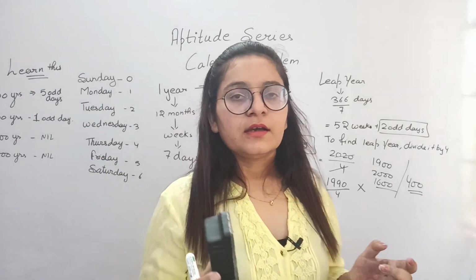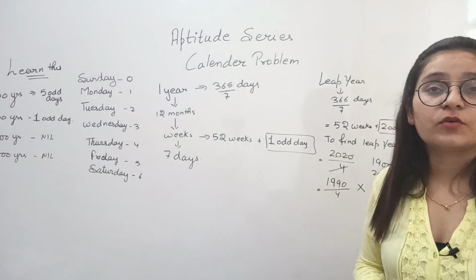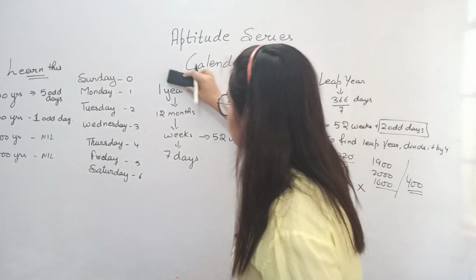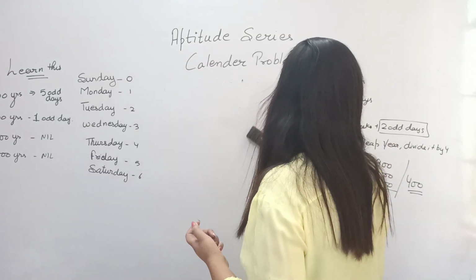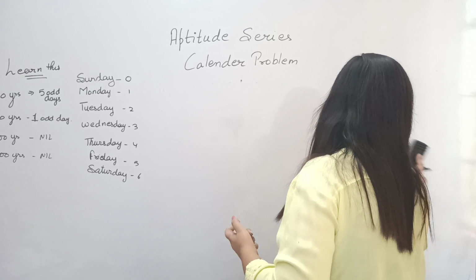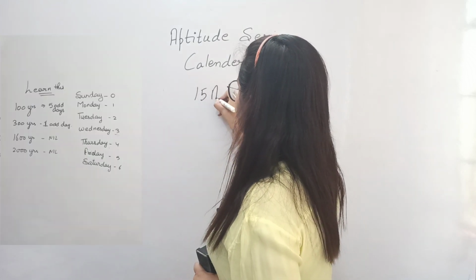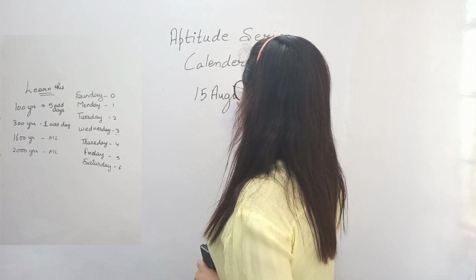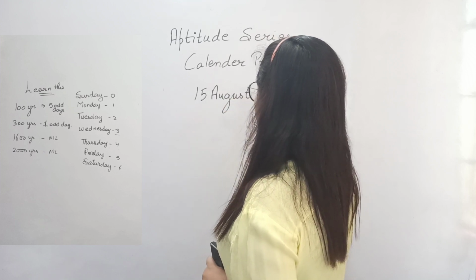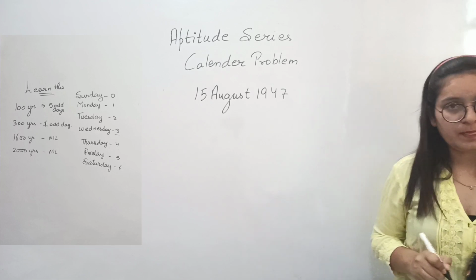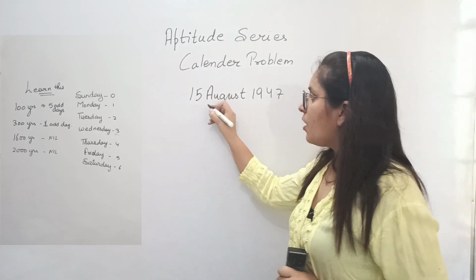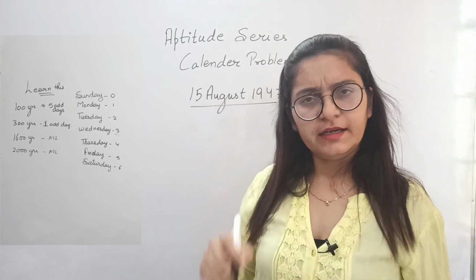Now we will start with how to find out the day from the date. See, 15th August 1947, Independence Day. Okay, so what was the day on that date?